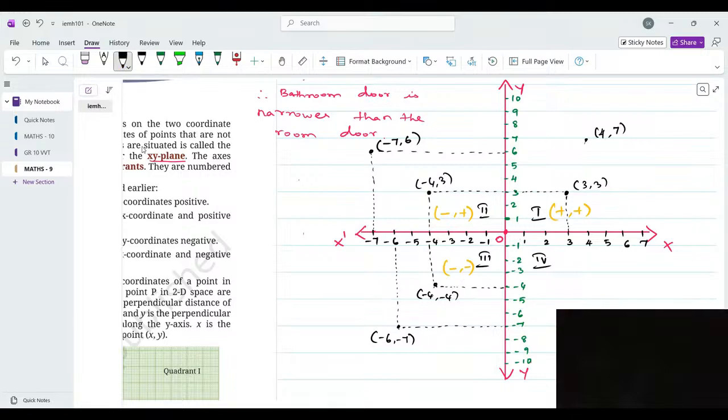Moving on to the last quadrant, let me choose this. From the x-axis, 7. From the y-axis, -6. So 7, -6. I'll choose this.